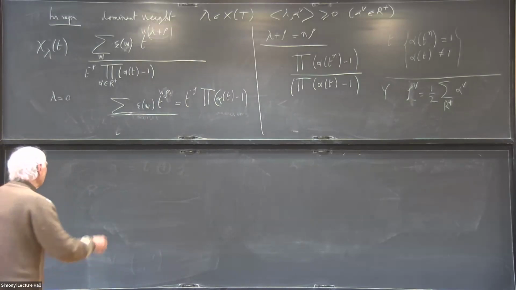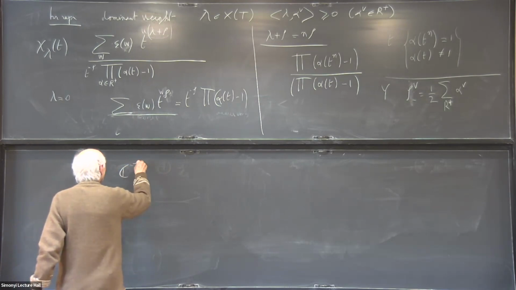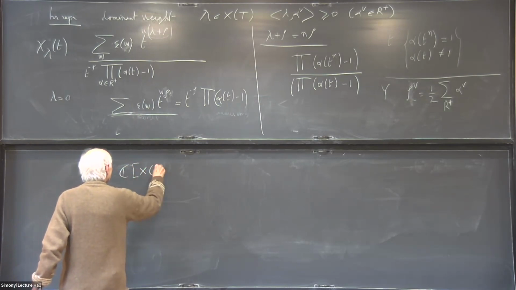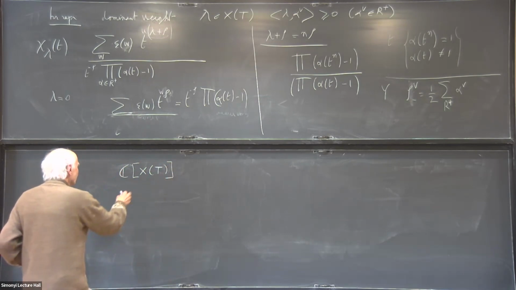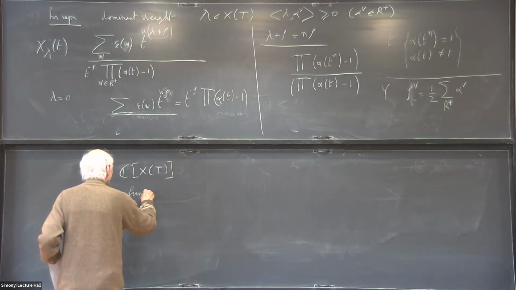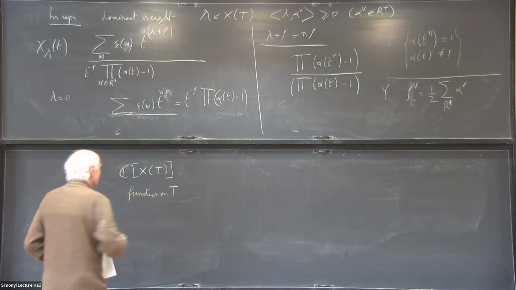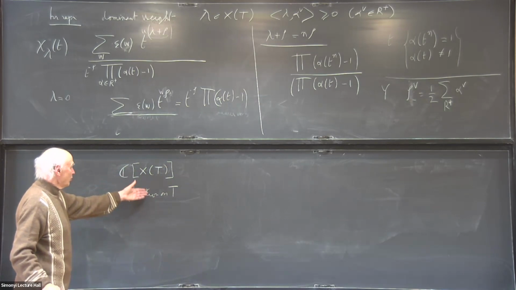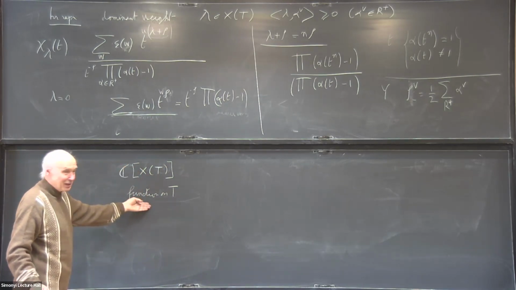The way I like to express it is as follows. Let me look at the group algebra of X(T). This is functions on the torus. If I have a character, which is a function, I take linear combinations of characters, I get functions.